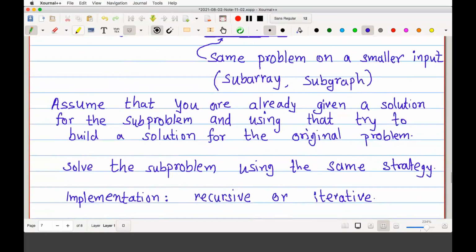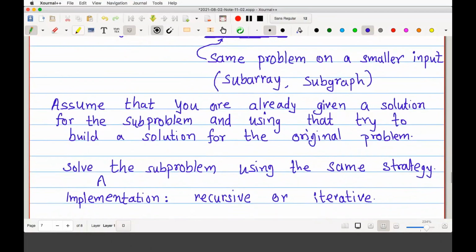Another advantage is that it is also useful in analyzing the running time of the algorithm. When you think of your algorithm in this recursive or inductive way, it also makes the analysis easier.